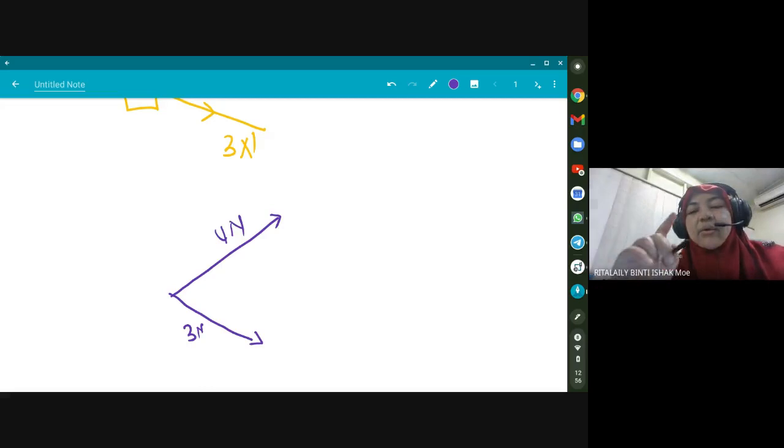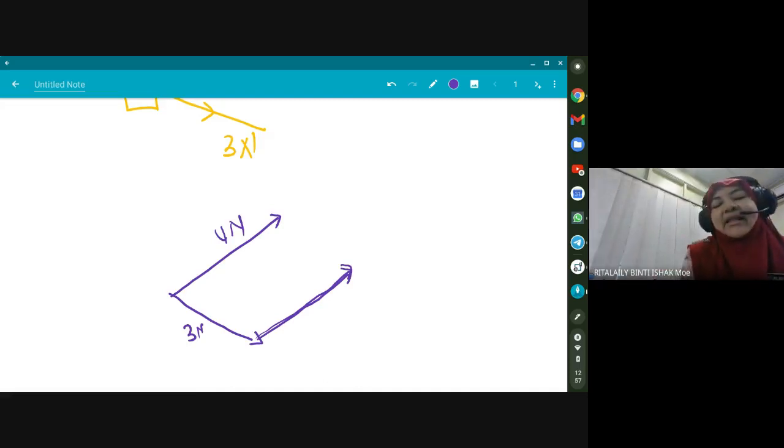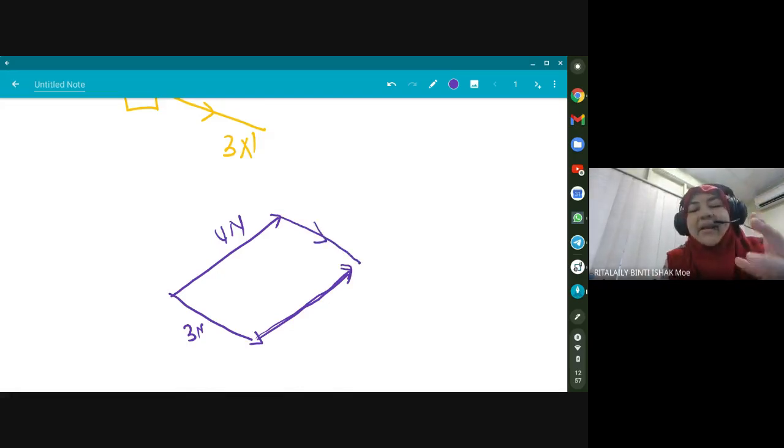And then we know that characteristic of vector is you can change the position as long as you did not change the direction, you did not change the value. So you draw another 4 Newton or 4 cm line that is parallel to the original 4 Newton. Okay, and then another line that is the same direction as the 3 Newton with the same length.